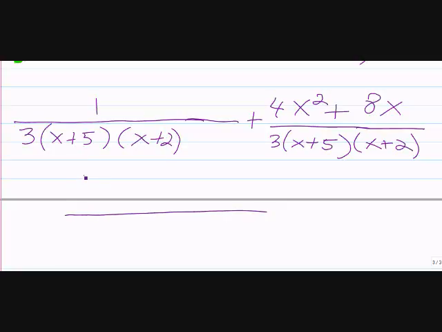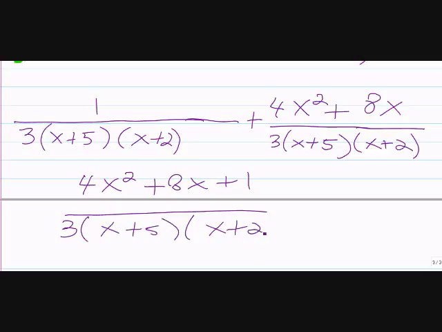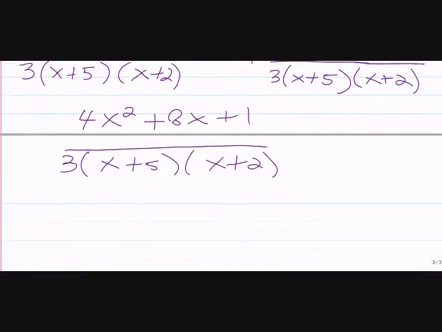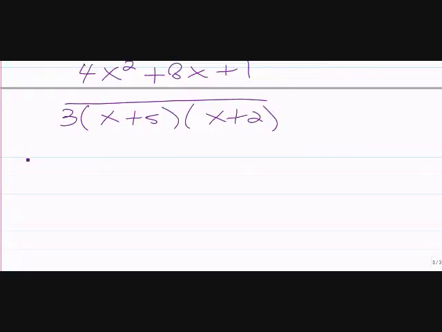I'll put this in standard form, so I'll go 4x squared first, plus 8x, plus 1, over that common denominator of 3 times x plus 5 times x plus 2. Okay. Now let's do a hard one. We'll throw in a subtraction. I'm going for a different colored pen.